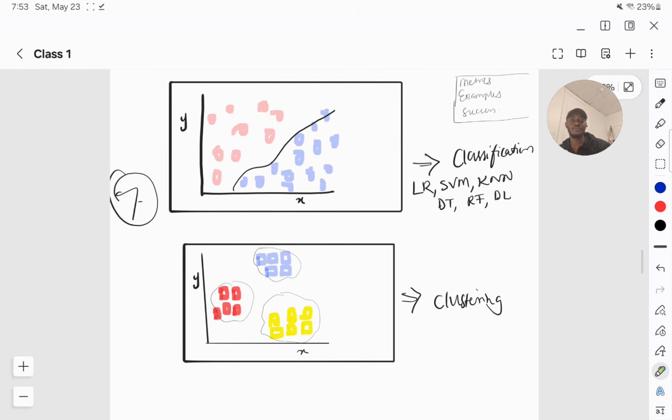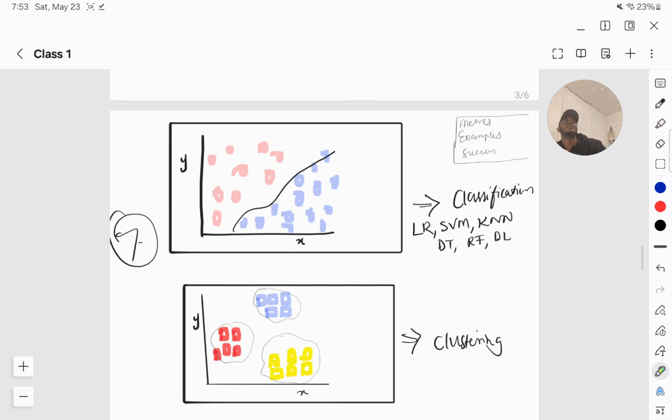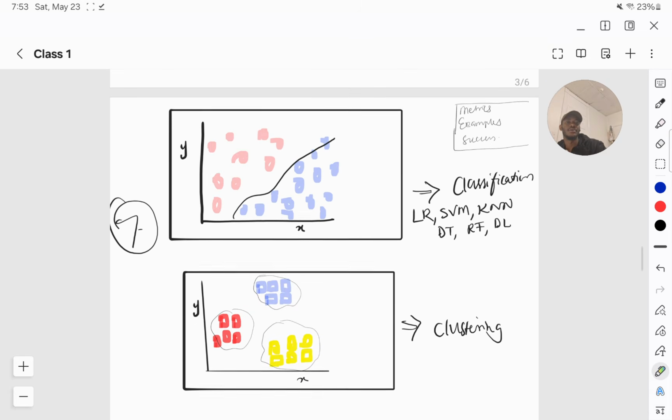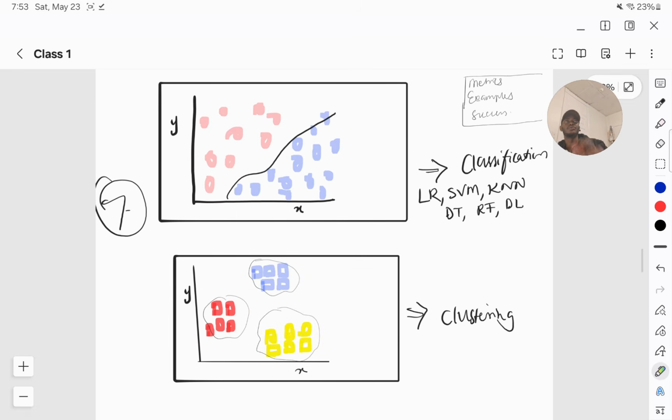Now that we've talked about the features, we'll talk about some basic methods such as classification, clustering, and regression. So classification essentially distinguishes between two classes, right? So you have a binary class.